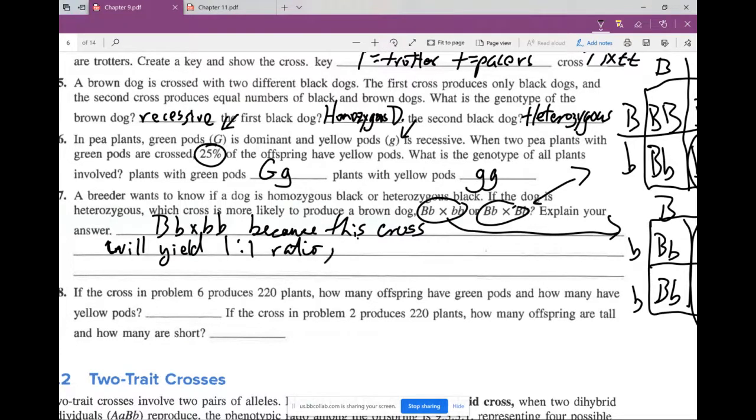In other words, half of the offspring will be brown.